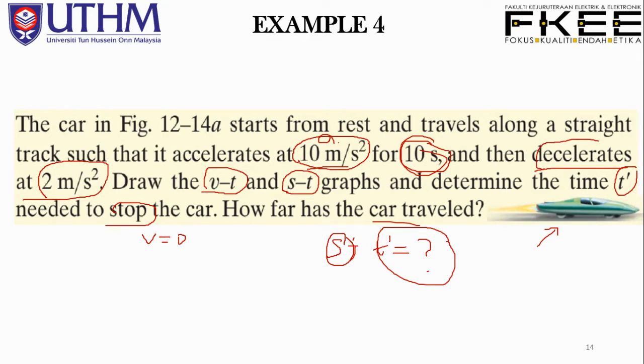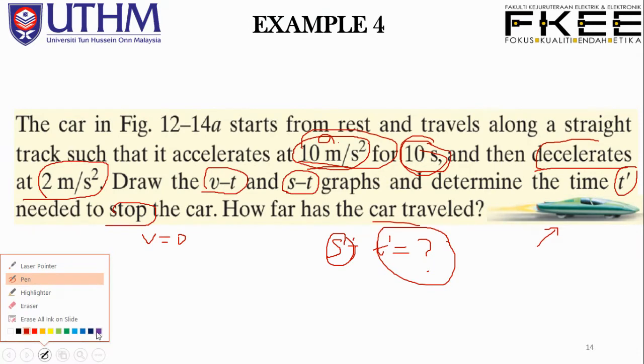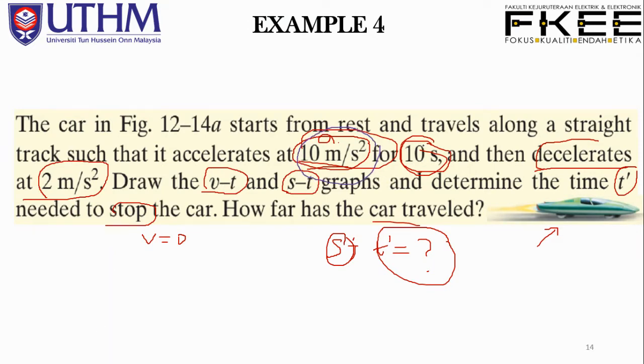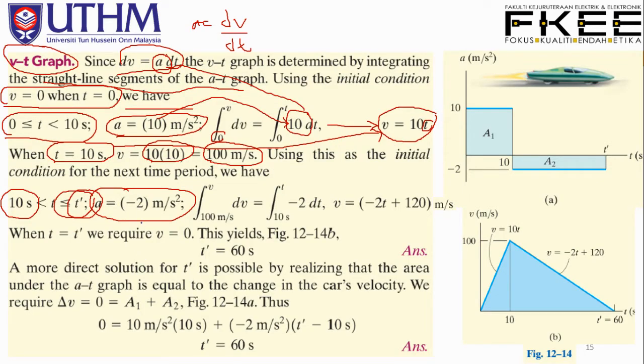So after 10 seconds, the car starts to decelerate at 2 meters per second squared. This means this a is negative a, negative acceleration. So a is minus 2 meters per second squared. So we derive this, and then we have dv over here.